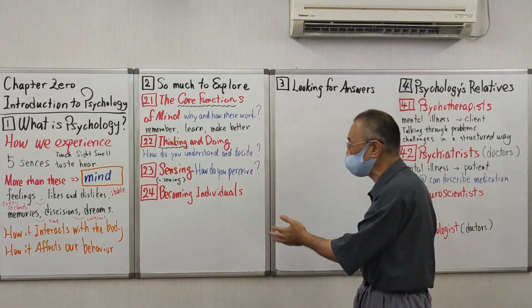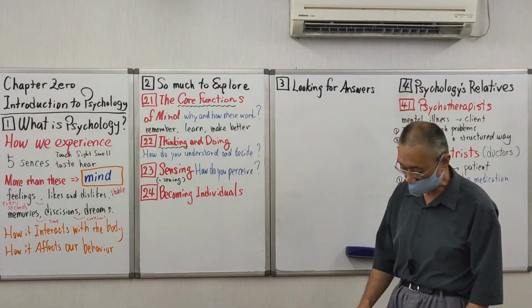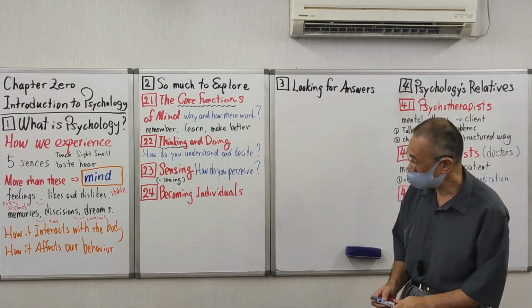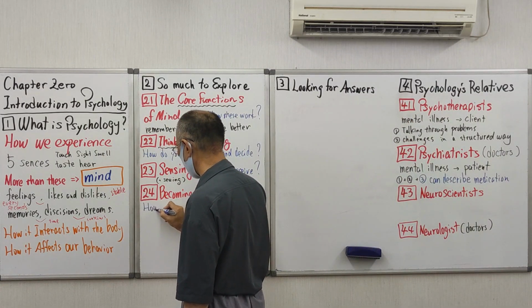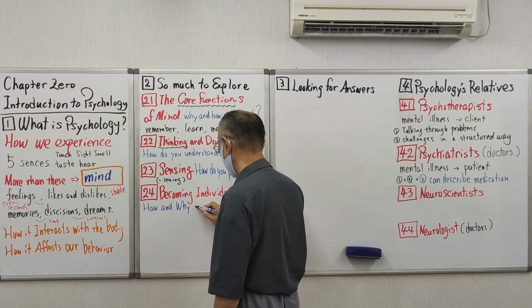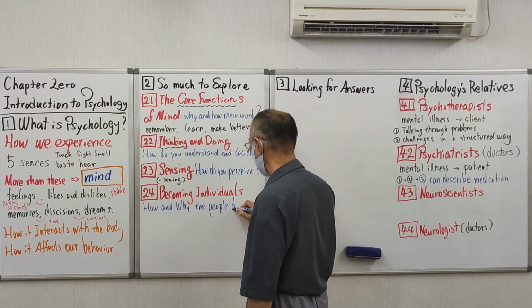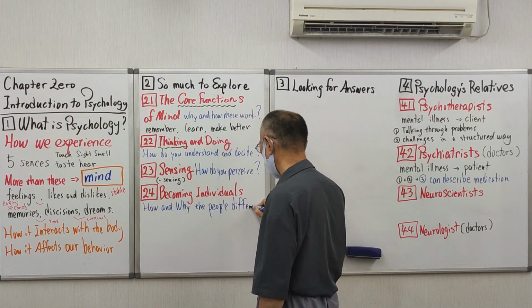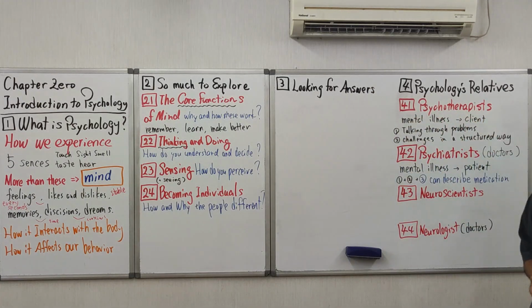Then how do we say becoming an individual is how and why people are different?